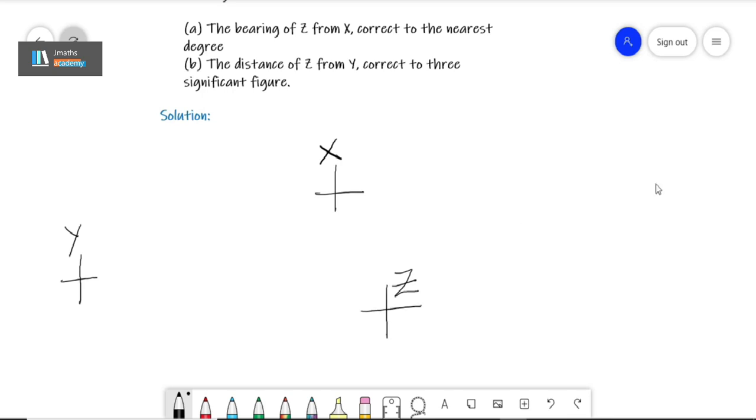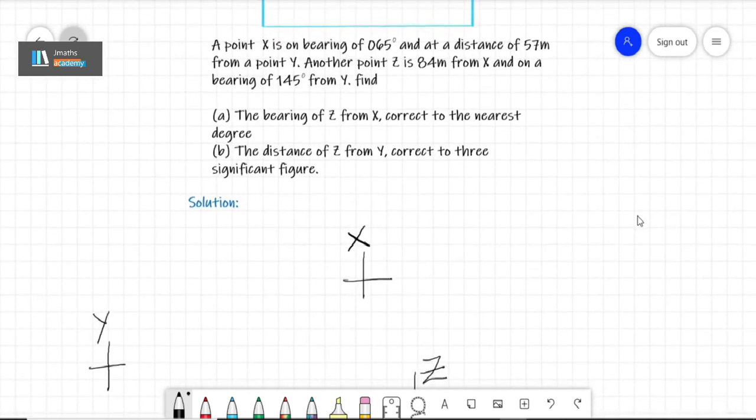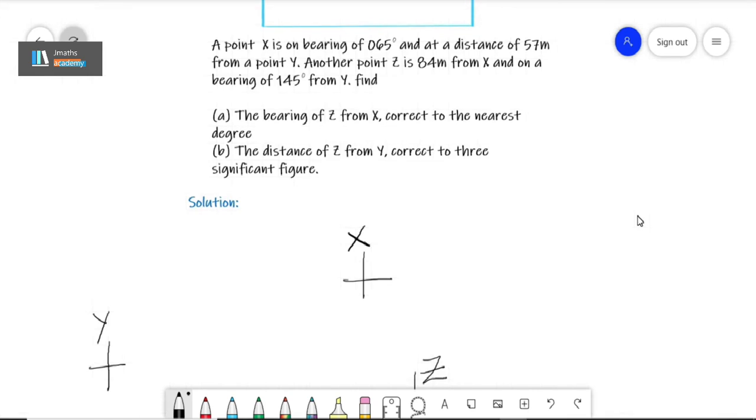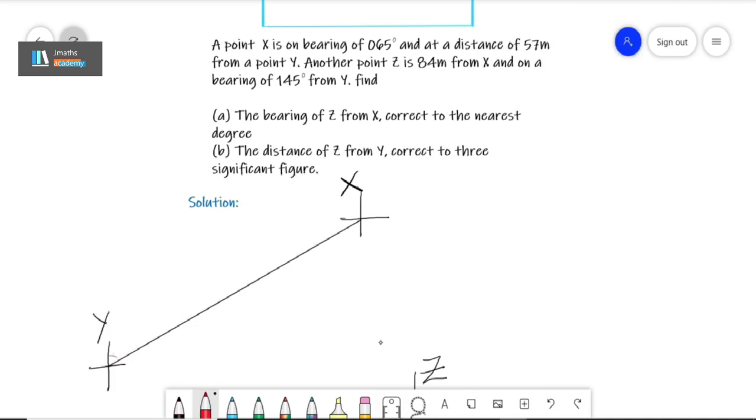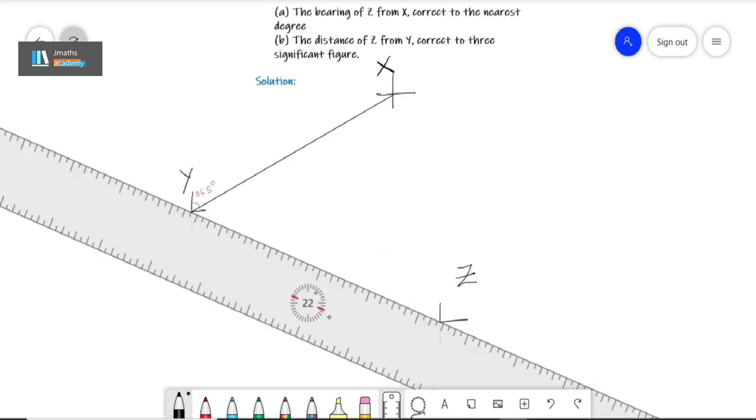And we are told that X is on a bearing of 65 degrees and at a distance of 57 meters. So Y connects to X at 065 degrees, and Y connects to Z on a bearing of 145 degrees.